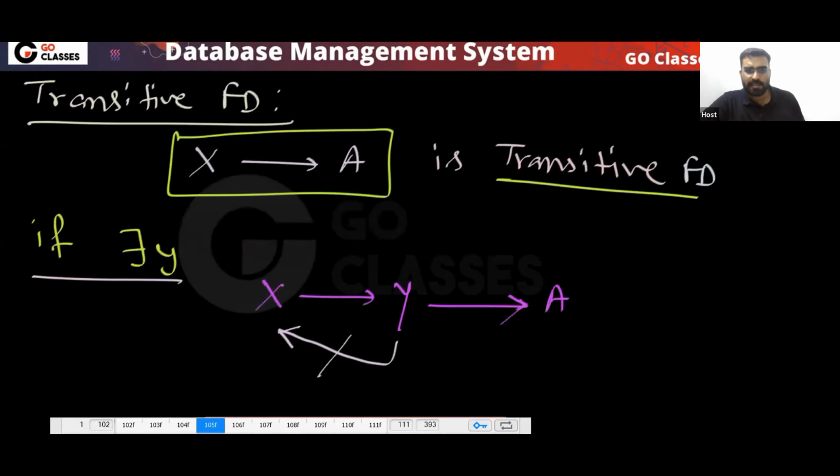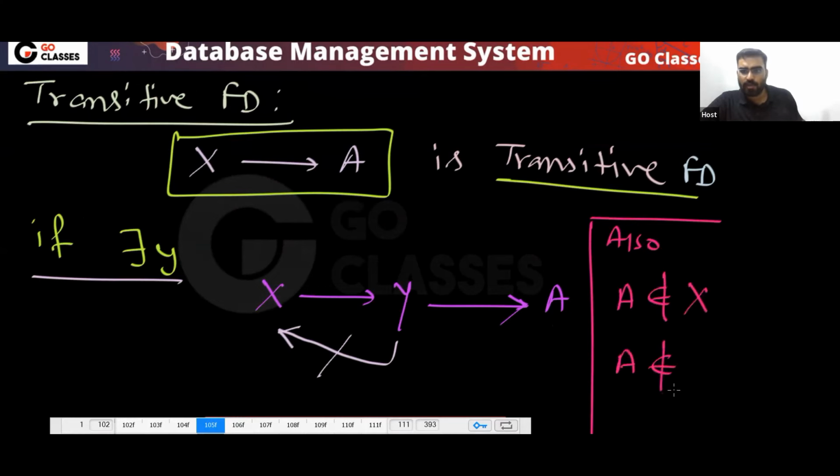So what I'm saying is that here also, A does not belong to X. A does not belong to Y. Is this point clear? And A is a single attribute.